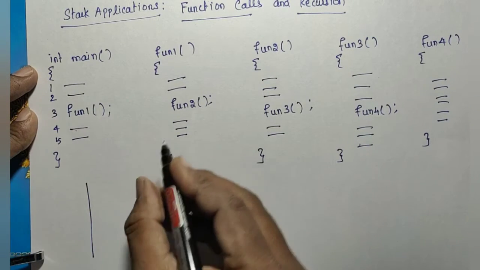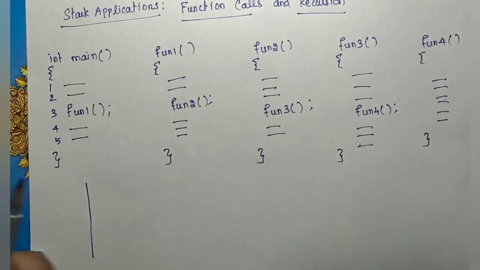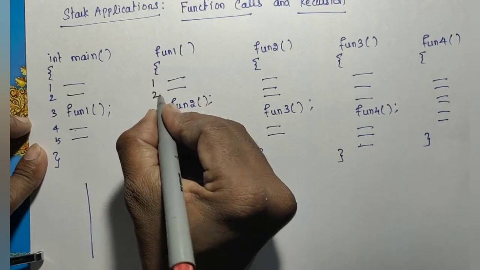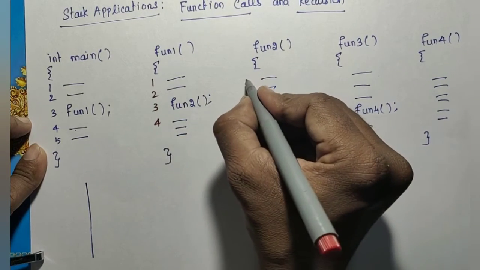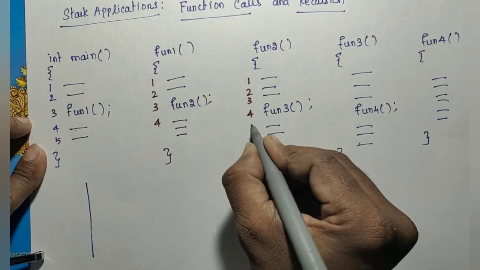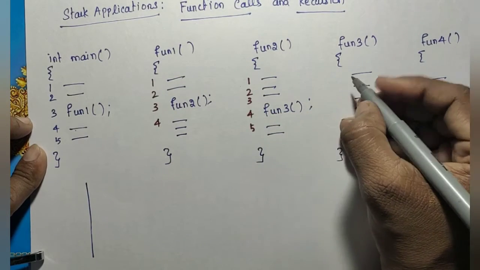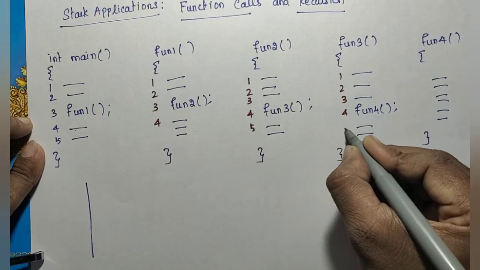Here this is 1, 2, 3, and then 4 and 5, etc. Again here line numbers 1, 2, 3, and the 4th line is this, and then the 5th one is the return, and then 1, 2, 3, and then 4 and 5.